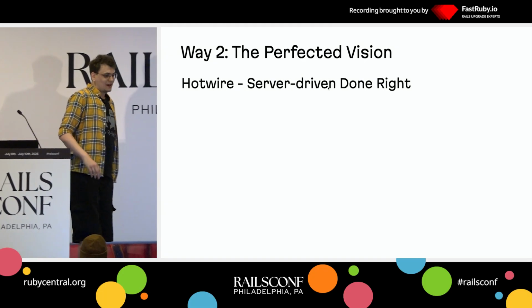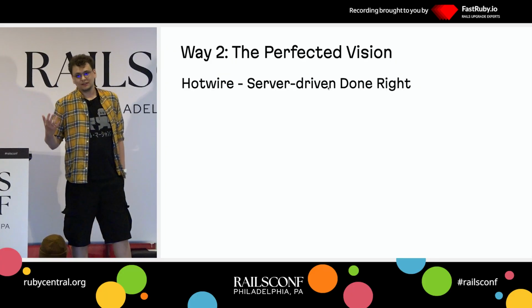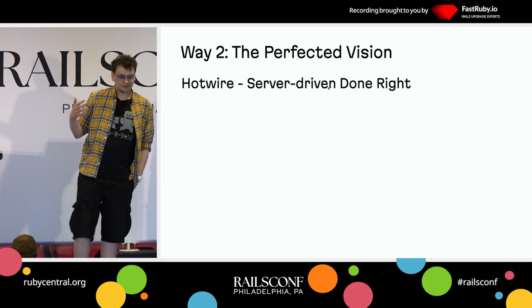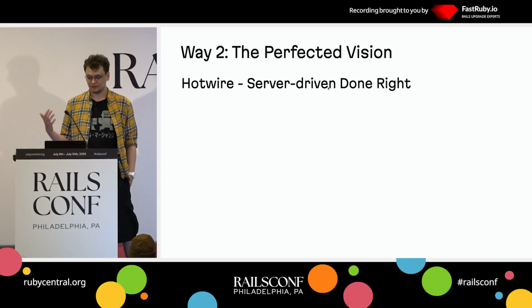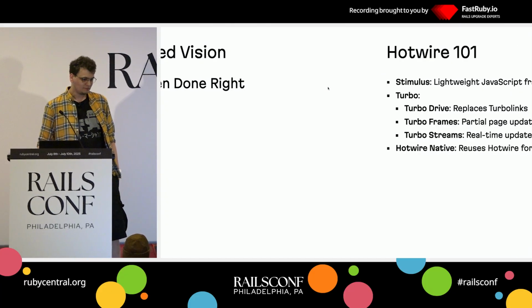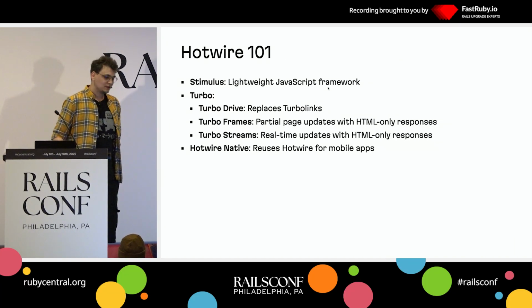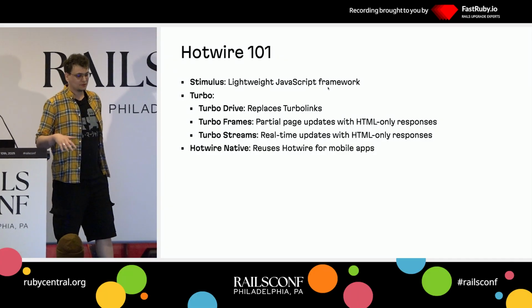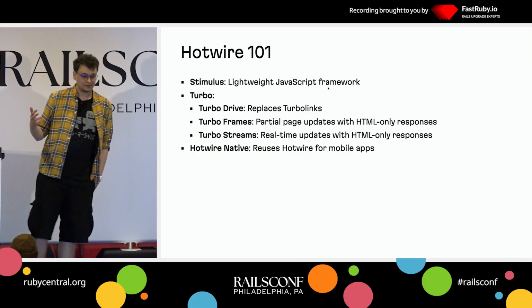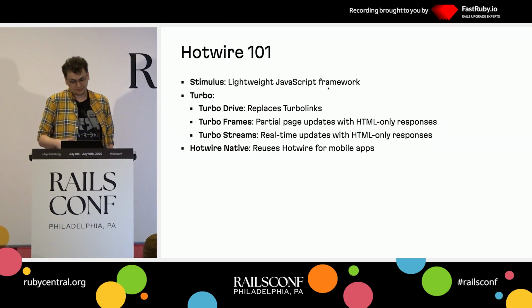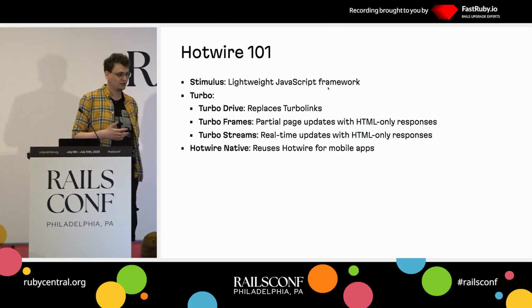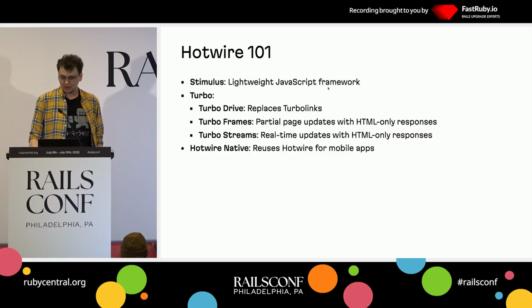Anyway, with the web platform finally catching up, Rails was ready to unleash the perfect vision of server-driven development. Hotwire is a set of tools built on top of previous Rails iterations, designed to make server-driven development fast, secure, and easy to use.